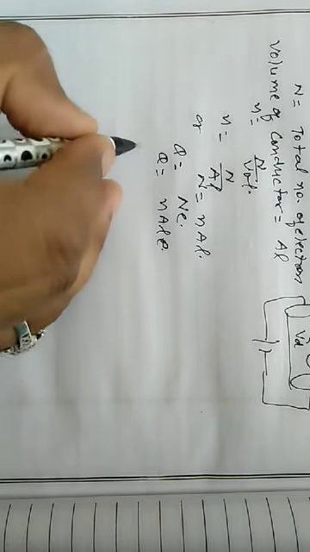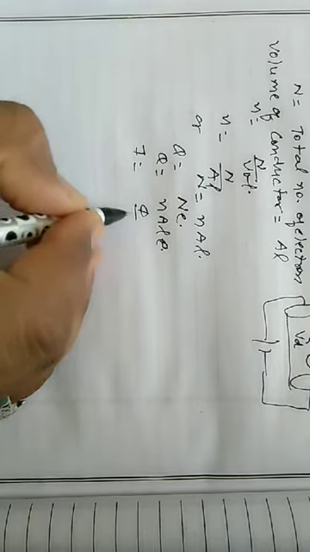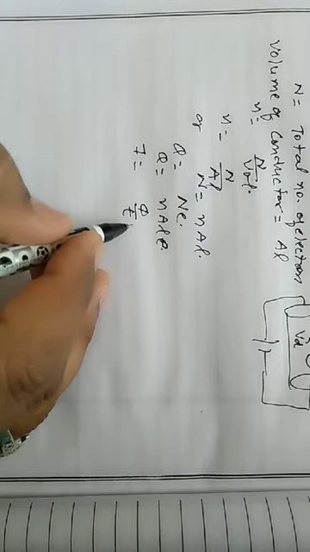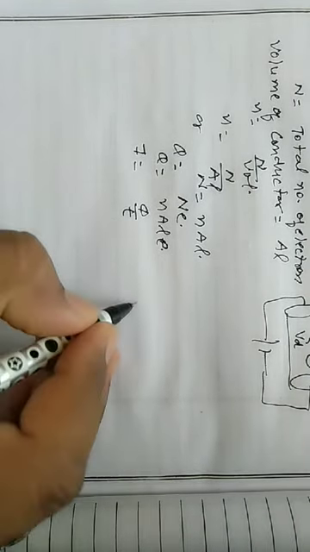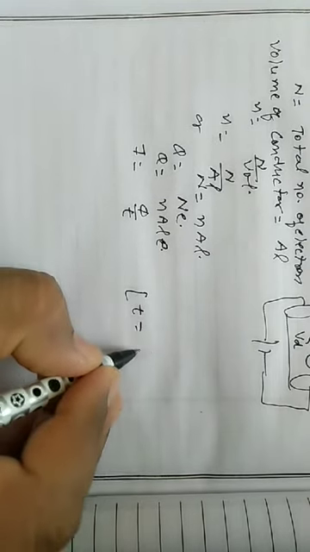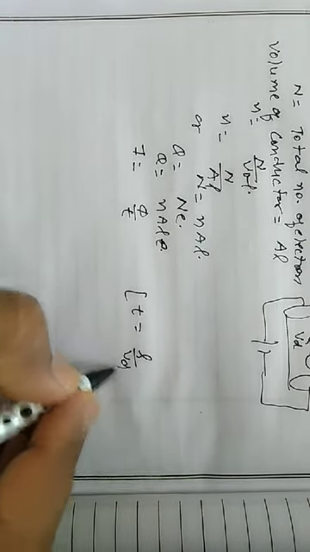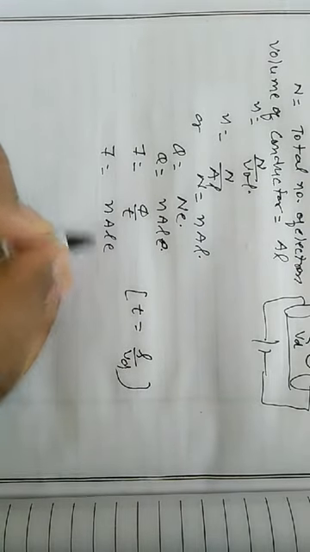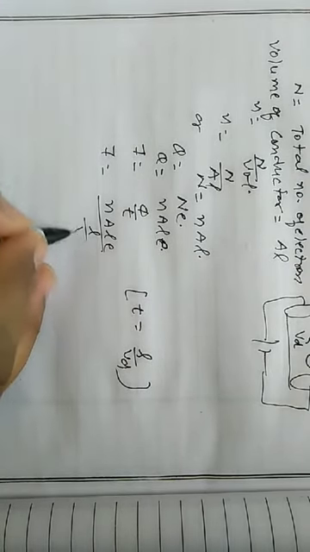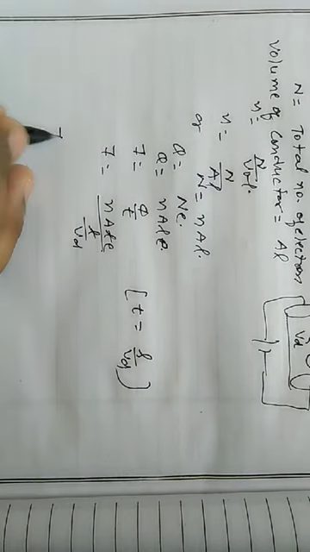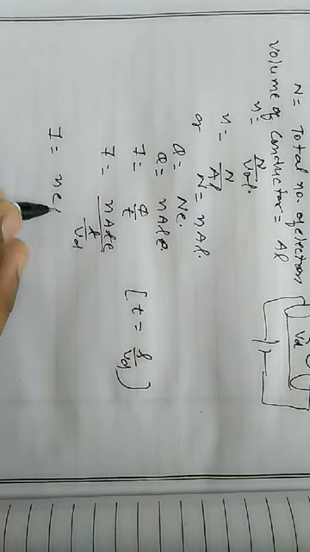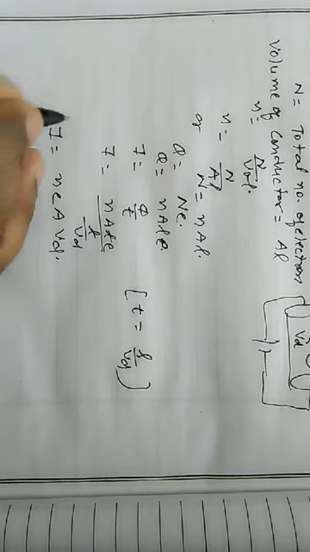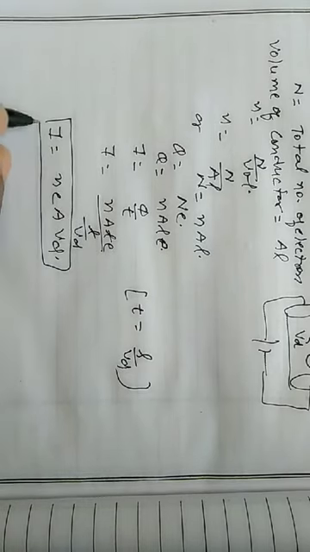According to the relation of electric current, I is equal to Q upon t, where t is time. We know time is distance upon velocity, L upon Vd. Q is nAL into e, time is L upon Vd. L will be cancelled. So I is equal to neA into Vd. This is the relation between drift velocity and current.